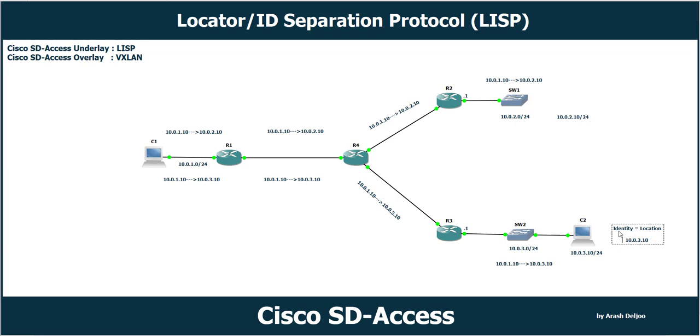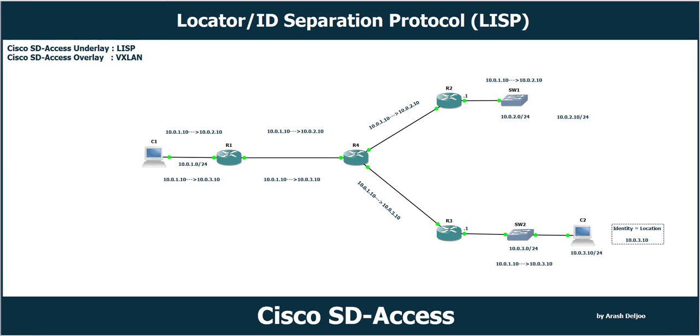It means that both the identity and location are related to each other. When computer 2 moves to the network 10.0.2.0, the identity will change to 10.0.2.10 and the location also. In traditional namespace, we have only one namespace, which includes both identity and location.